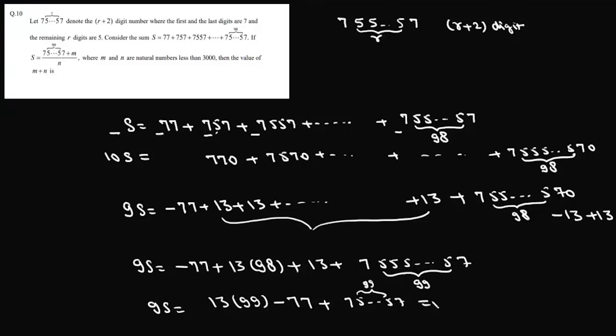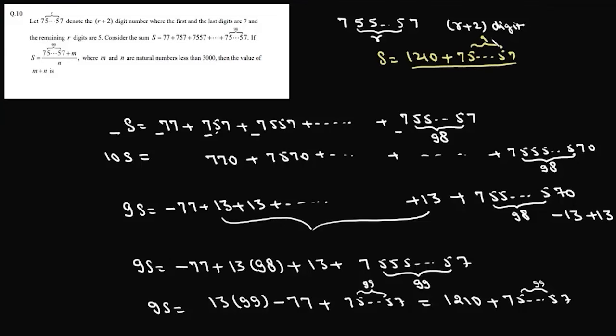So it will be 1210 plus 7, 5, 5, 5, 5, 99 times 7, or we can write this as 1210 plus 7, 5, 5, 5, 5, 99 times 7 whole divided by 9.